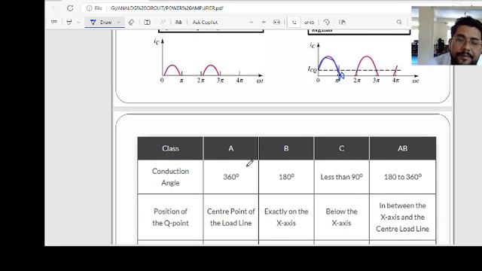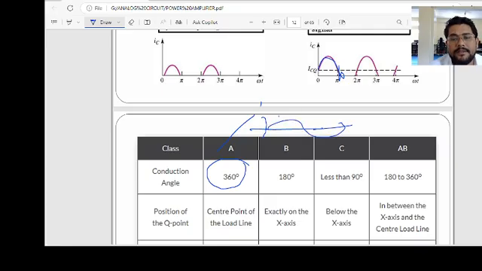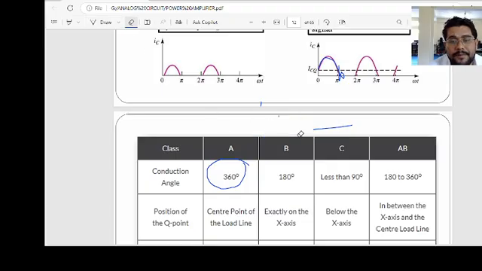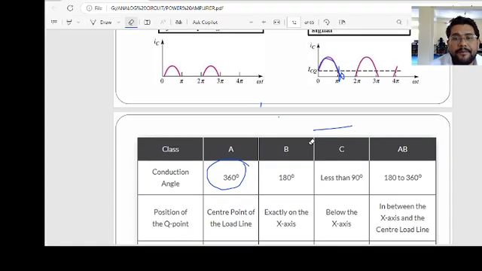For class A, the conduction cycle is the whole 360 degrees, complete up to here. Next, class B conducts up to pi, up to here. Then class C conducts less than pi, as in the examples we have seen.